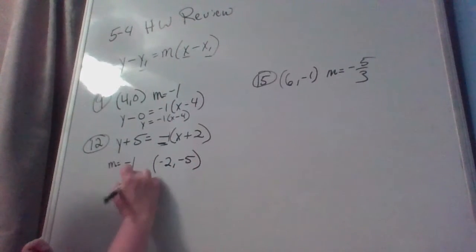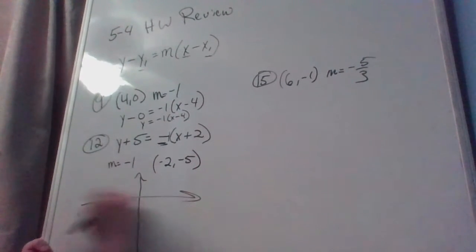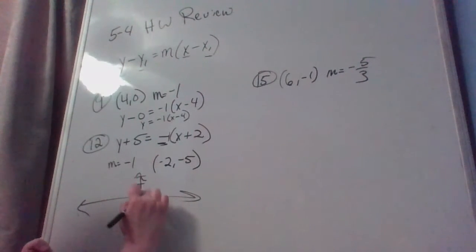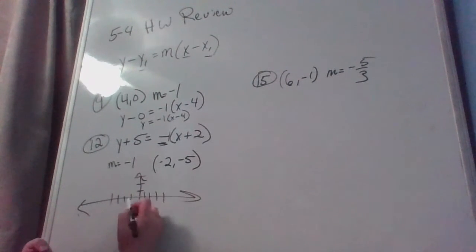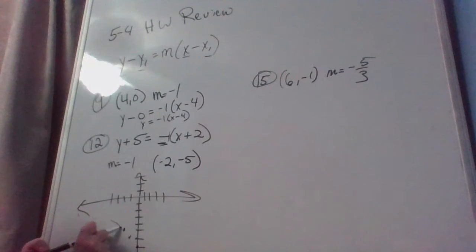Now that we have those, we can graph. So I am first going to go to -2, -5, and then I'm going down 1, right 1, down 1, right 1. So that would be my line.